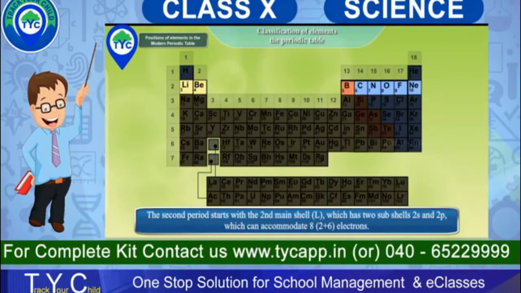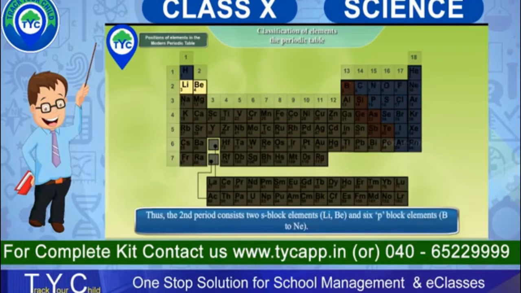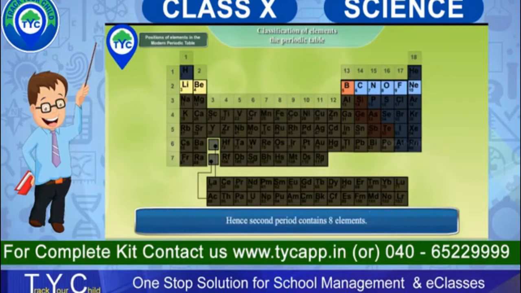The second period starts with the second main shell, L, which has 2 subshells, 2s and 2p, which can accommodate 8, that is 2 plus 6 electrons. Thus, the second period consists of 2 s block elements, that is Li, Be, and 6 p block elements, B to Ne. Hence, the second period contains 8 elements.